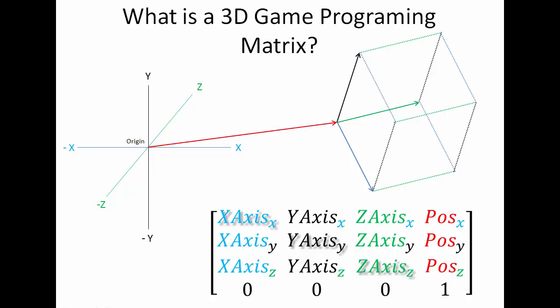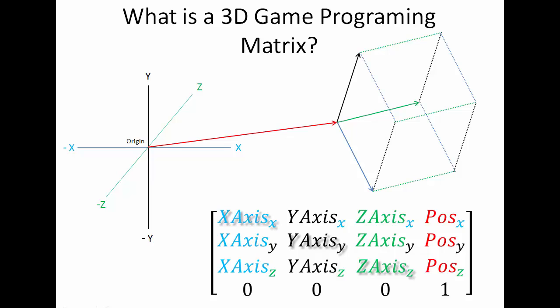On the left hand side, I have the 3D Cartesian coordinate system, the x, y, and z axes, and then coming out of that, we've got this red arrow that represents a position or an offset from the origin. And then we have this box of basically three vectors that mimic the x, y, and z axes.